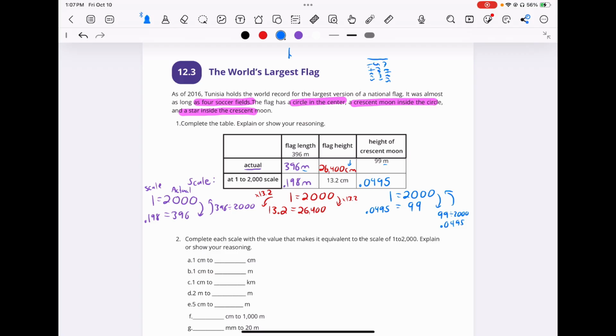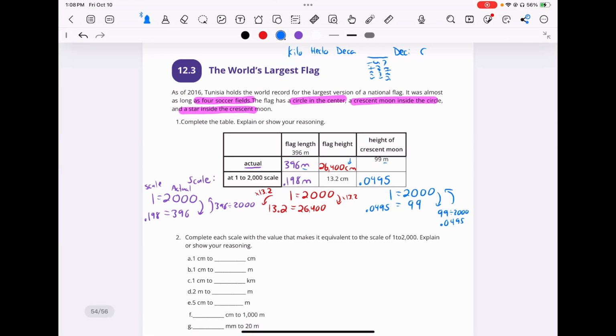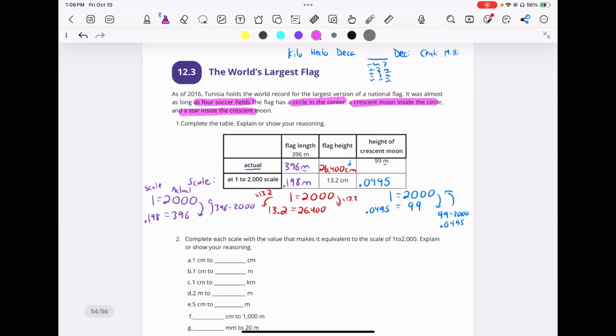So our first one is kilo. That's going to be our largest. And then we have hecto. Then we have deca. Then we have deci. Then we have centi and milli.